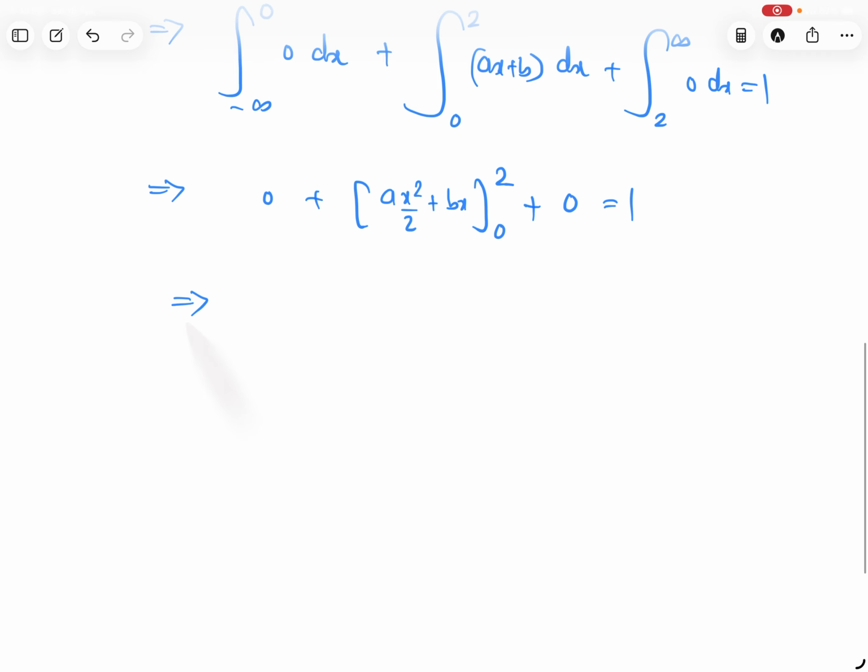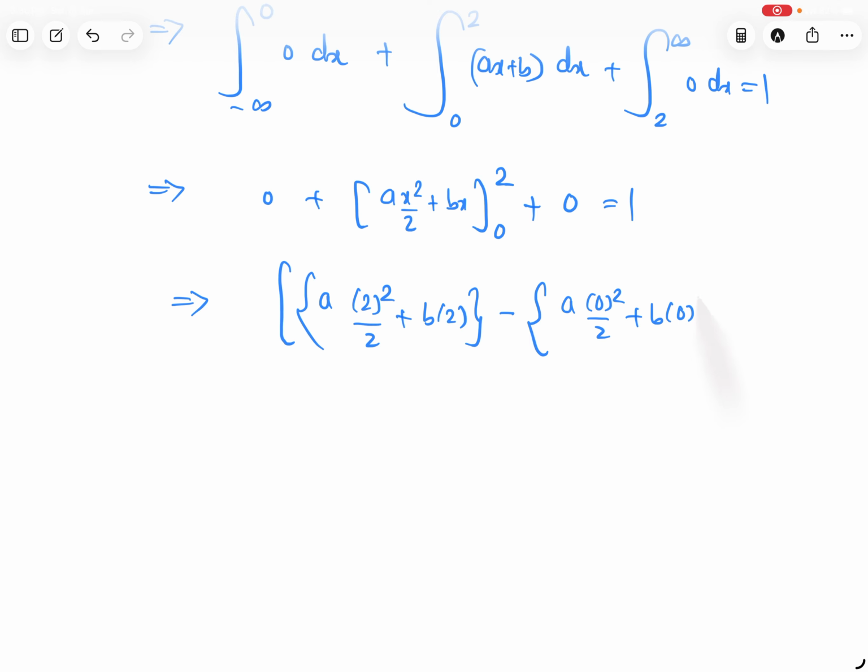So solve it. What will you get? You will get a·2²/2 + b·2 minus (a·0²/2 + b·0) equal to 1.